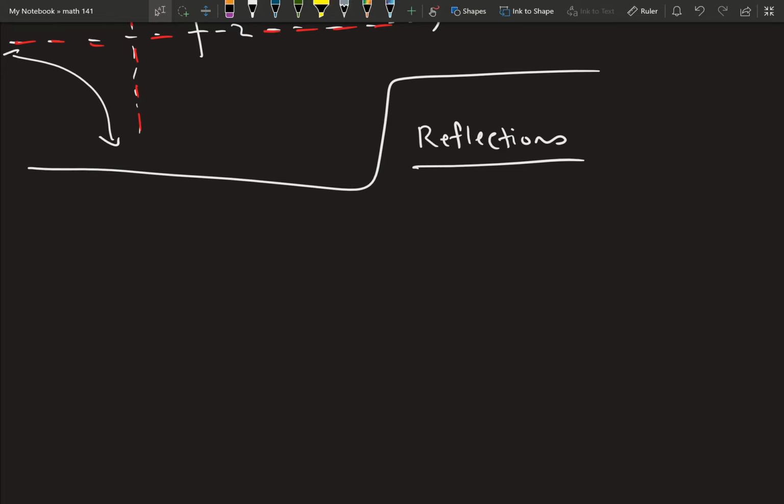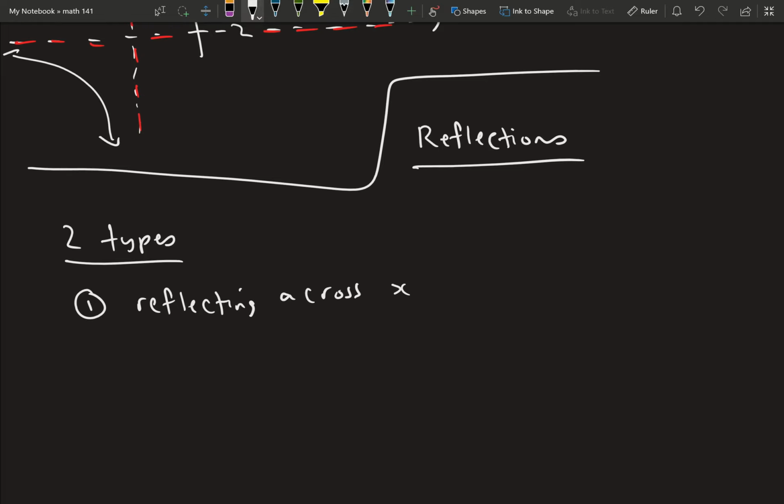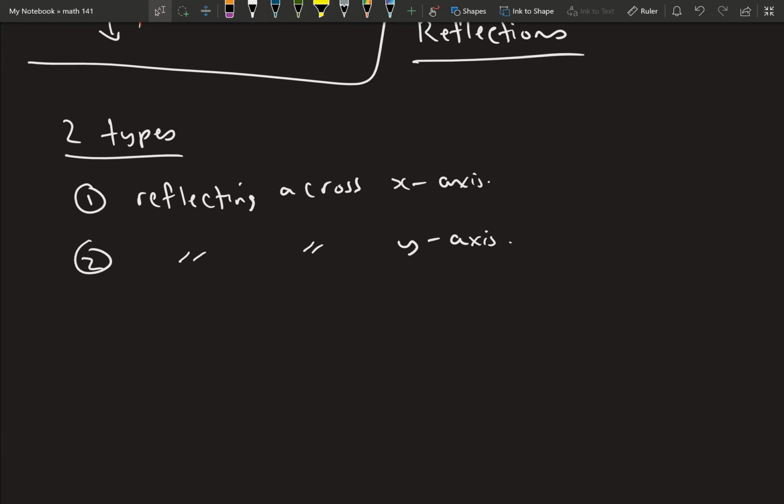For reflections, there's going to be two types: one is reflecting across the x-axis, and the second is reflecting across the y-axis. So we'll do one example of each.